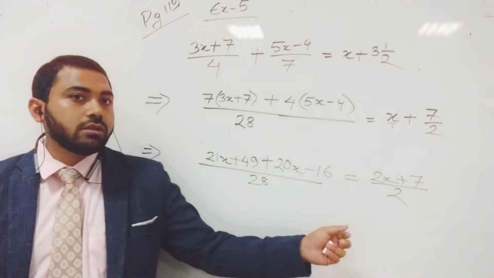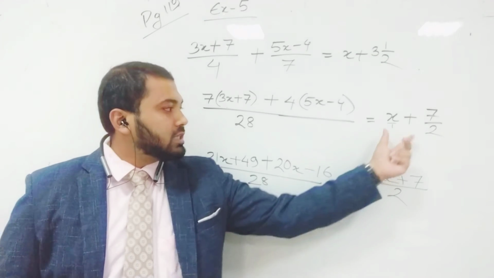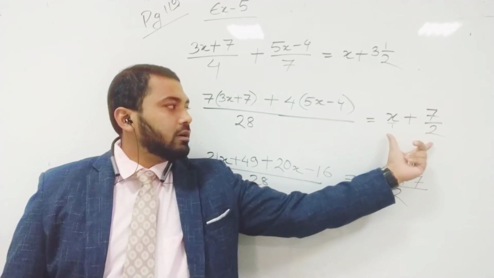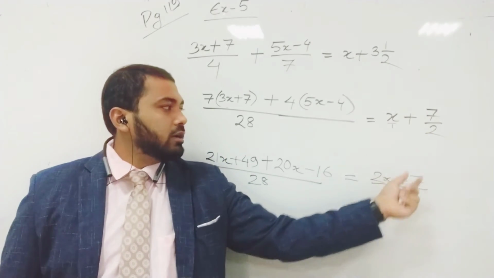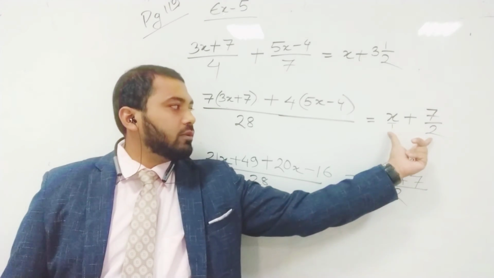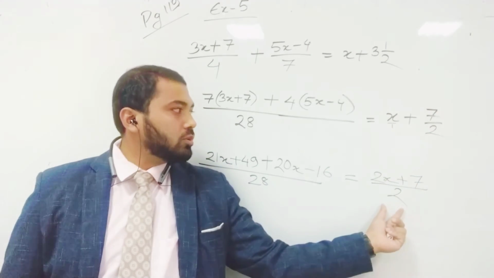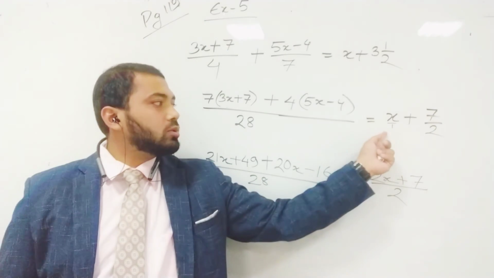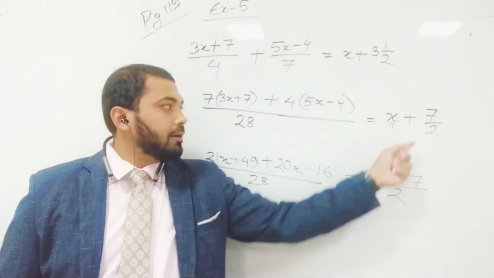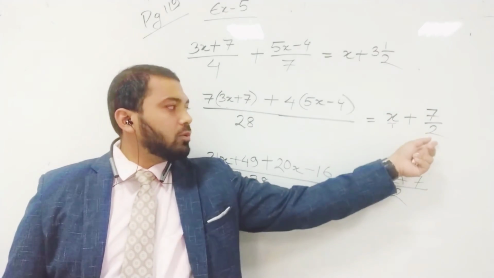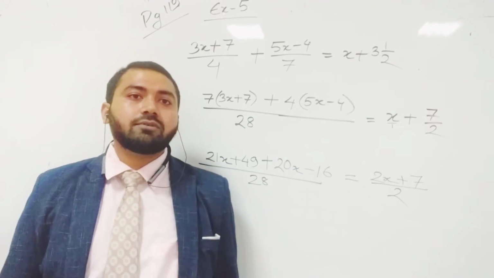So this is how it's going to be. I have just added this fraction and x. Okay. So first I need to take the LCM of these two, 1 and 2. The LCM is 2. Then 2 divided by 1 is 2, 2 into x is 2x, plus 2 divided by 2 is 1, 1 into 7 is 7.